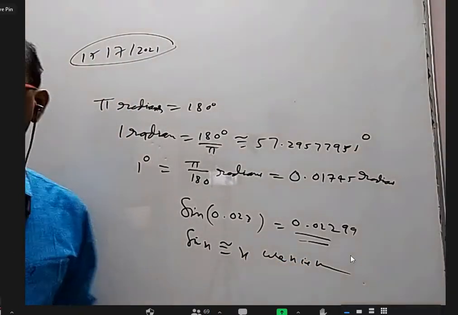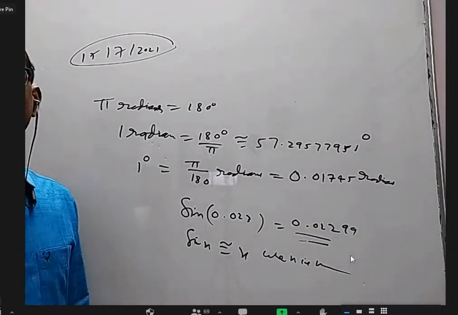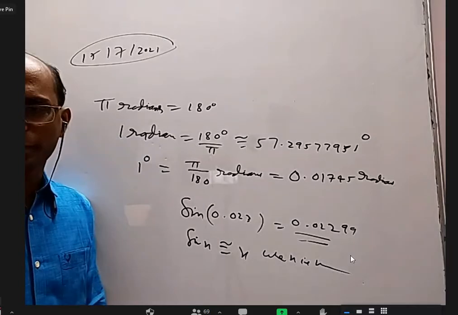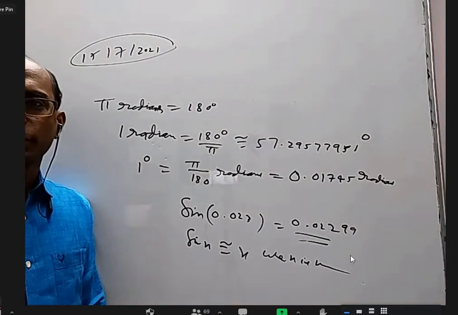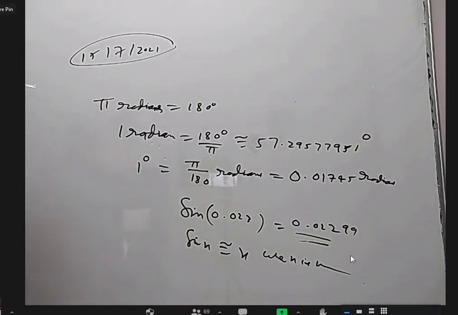Why? If you know the sin theta definition, you will be able to tell easily. Anyone want to make a guess? Why, when theta is very small, are sin theta and theta almost the same, especially when theta is in radians?